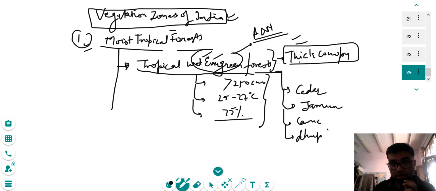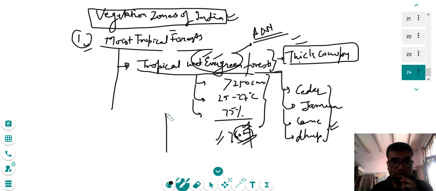These are the main trees in these forests, and the height of the trees often crosses even 60 meters. Trees height is no more than 50 or 60 meters. They compete for sunlight, so they keep on rising in height, and they have multiple layers of canopies.